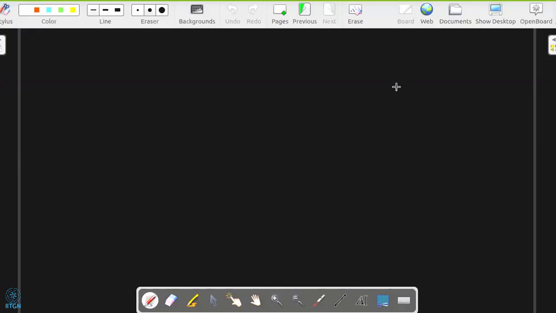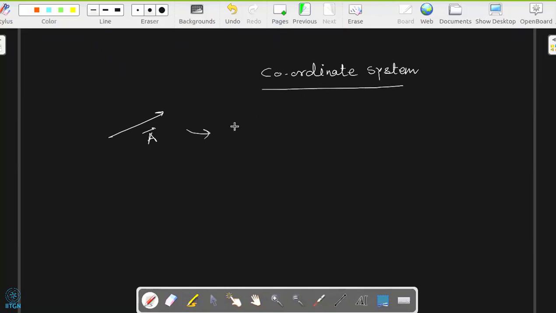Now a very important question. We have discussed the vector A and many concepts of the vector, but we have not used any coordinate system, isn't it? So can we say this vector quantity is independent of, or invariant of, the coordinate system?